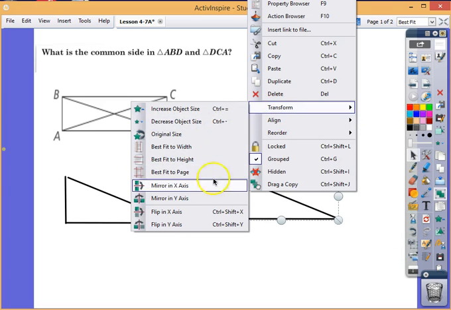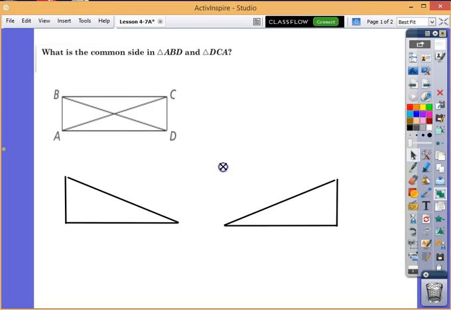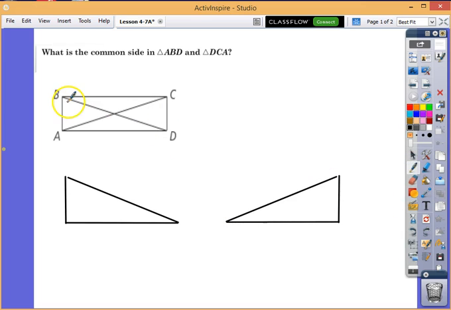Transform, flip in y-axis. So now I've created two triangles, and basically what I've done is I've wanted to pull this triangle, triangle ABD, apart. So I would label the corners, and then I would want to pull triangle ACD apart.